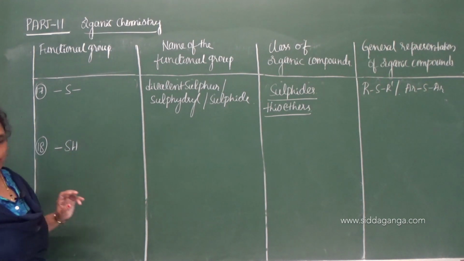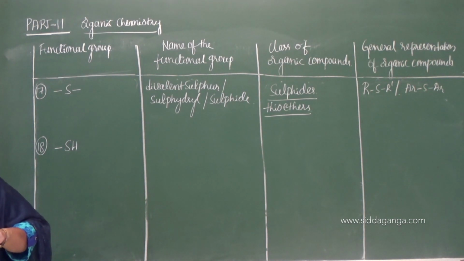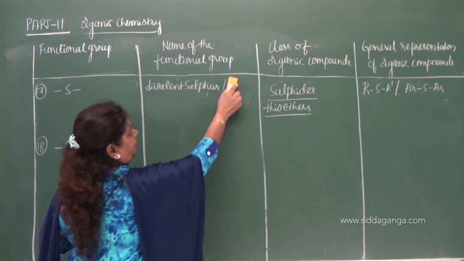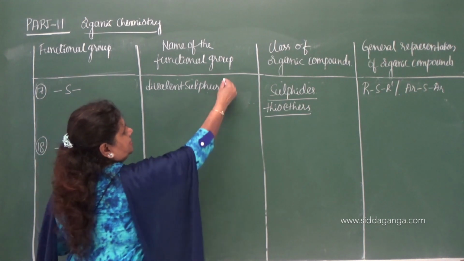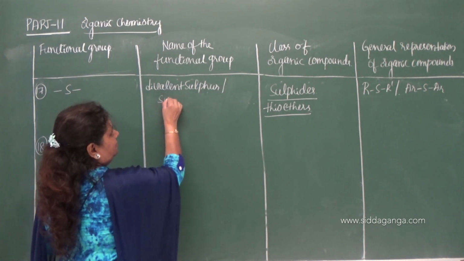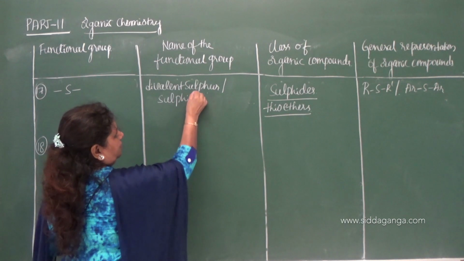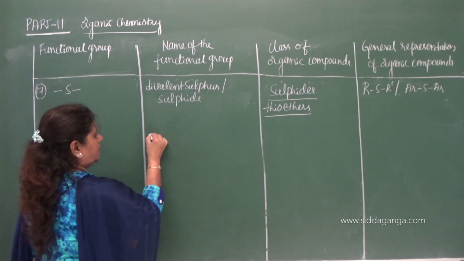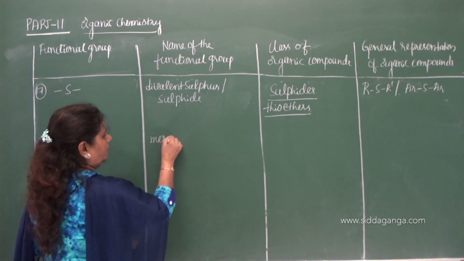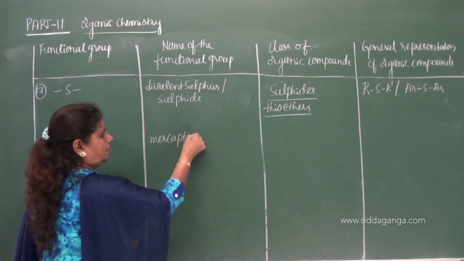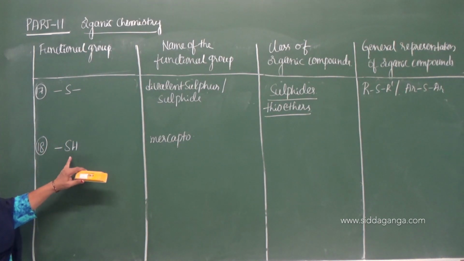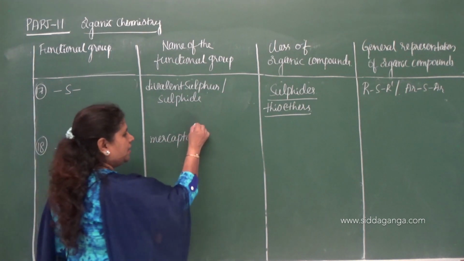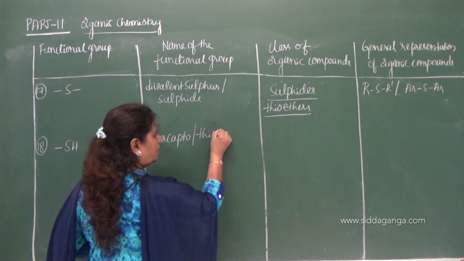SH. It is not sulfhydryl here; S alone is divalent sulfur or sulfide. But SH, if you write, then you can call it mercapto. Mercapto is the name of the functional group SH, and mainly it is called thiol.